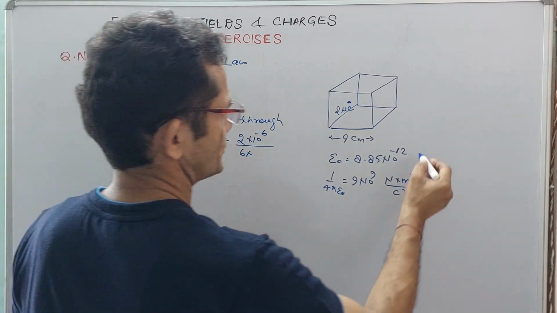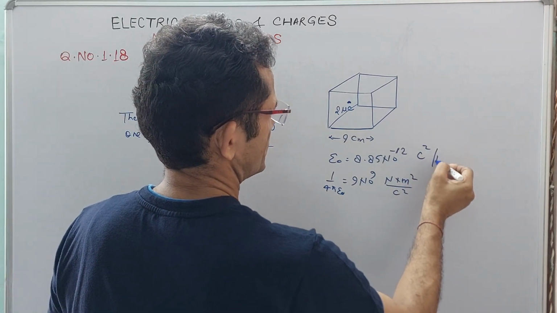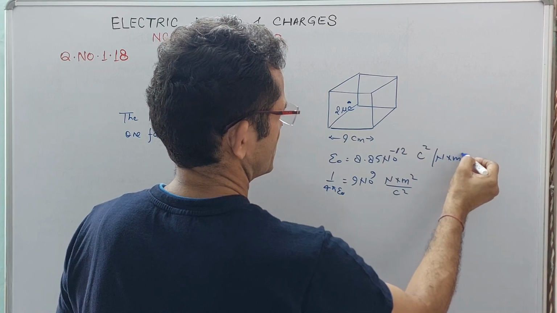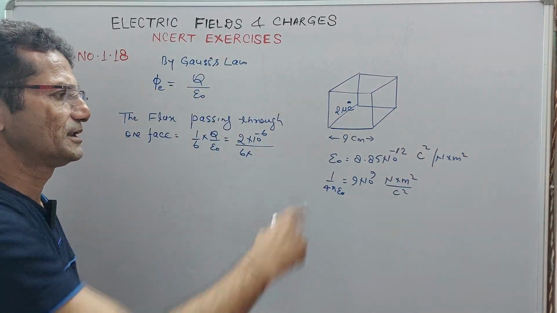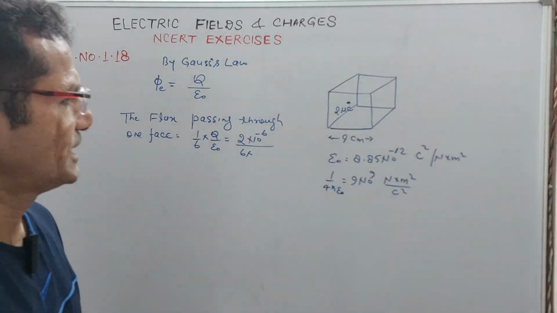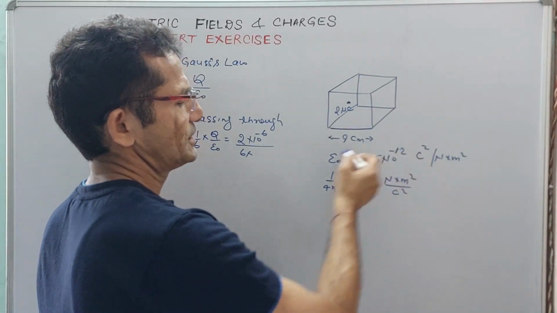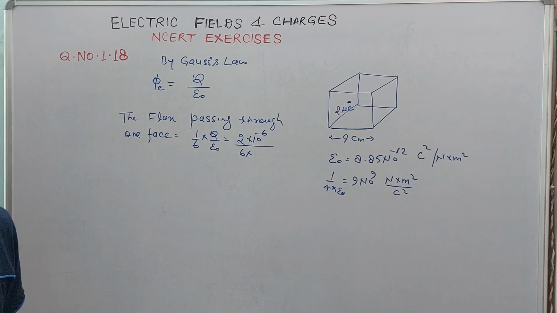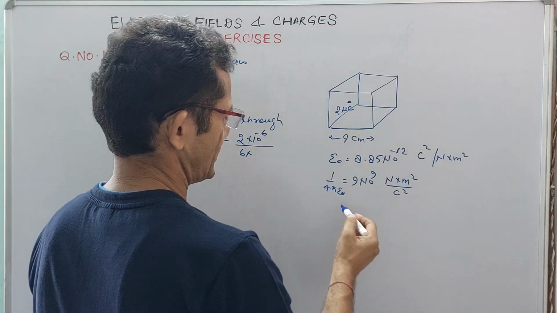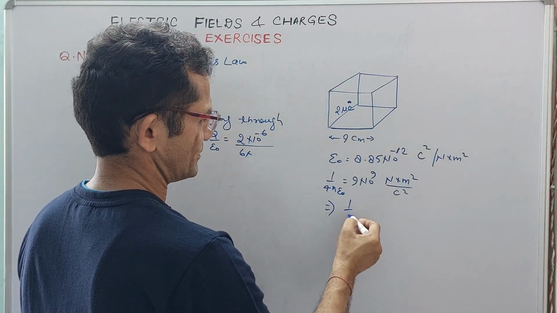The unit of epsilon naught is C square upon Newton meter square. Putting this value makes the calculation difficult, so if I put 1 upon epsilon naught from here, it is easier to solve.